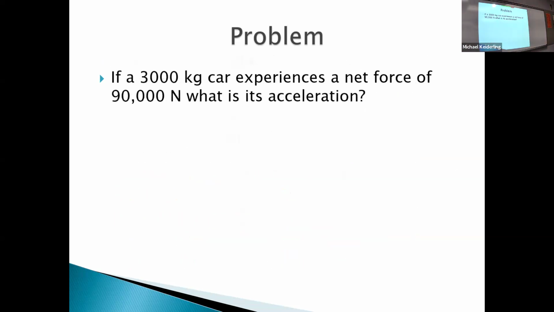And here, if you have a 3,000 kilogram car that experiences a net force of 90,000 newtons, what's its acceleration?